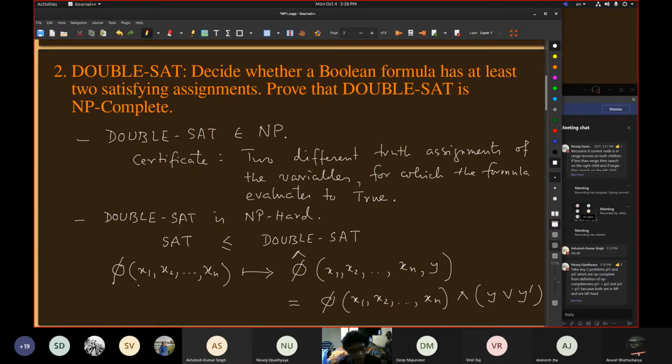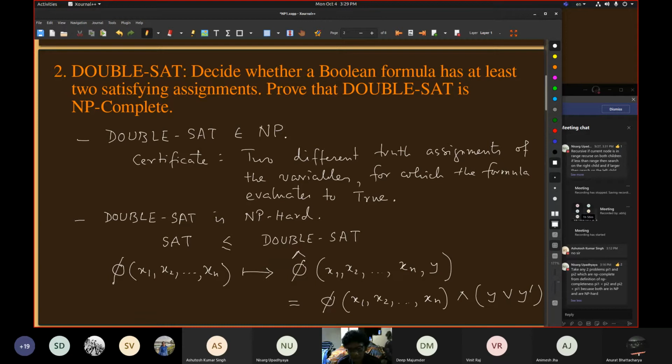Conversely, if this is not satisfiable, then whatever truth value you assign to x1 through xn, this quantity evaluates to false or 0. So whatever truth value you give to y, this will evaluate to 1, but 1 and 0 is 0. So phi is satisfiable if and only if phi hat is double satisfiable.